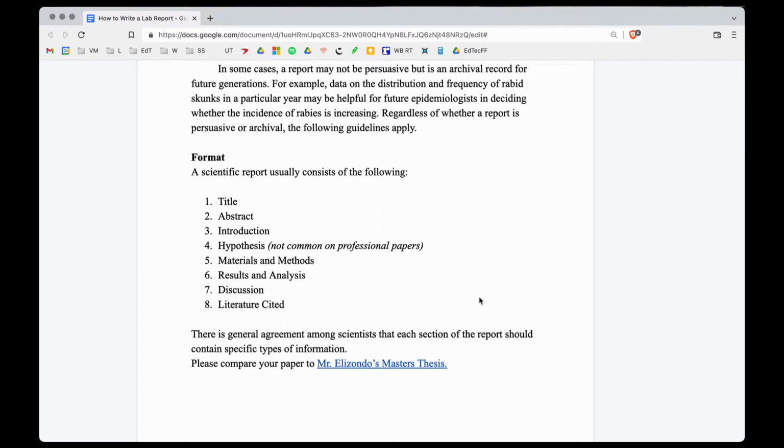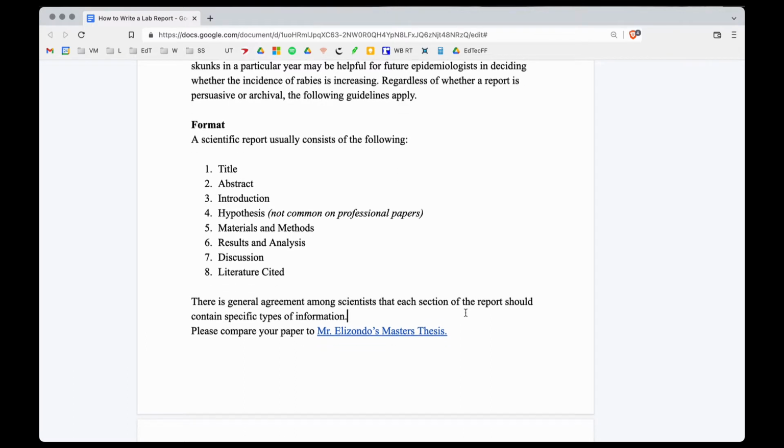So we're going to start with a title, an abstract, an introduction, the hypothesis, materials and methods, results and analysis, discussion, and literature cited. Every single one of these has requirements, okay? Those requirements are outlined in this document, but I'm also doing it through this video to give you an idea of what exactly you need to do. And I'm going to go through each one of these, okay?